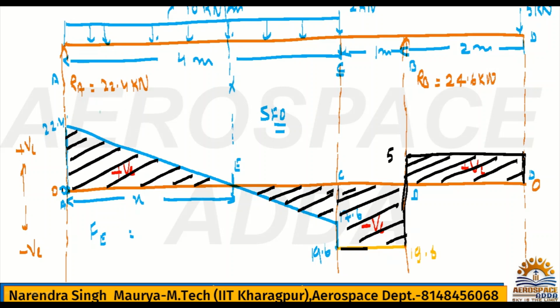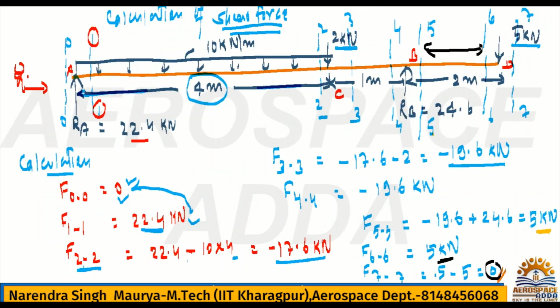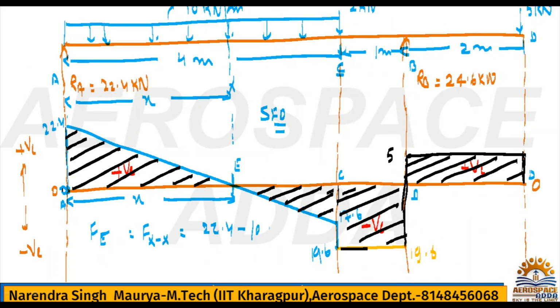This is the xx section, and from the start to the xx section the distance is x. Now, what is the shear force at Fxx? It is 22.4 minus, following the same equation, 22.4 minus 10 into 4, so instead of 4 you write x. So it will be 10 into x.